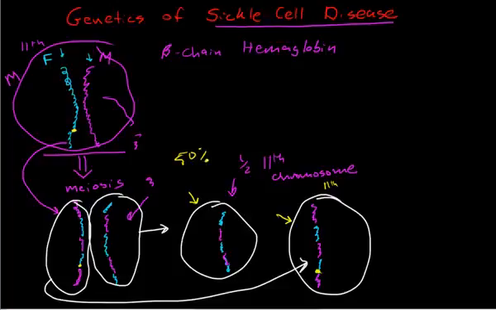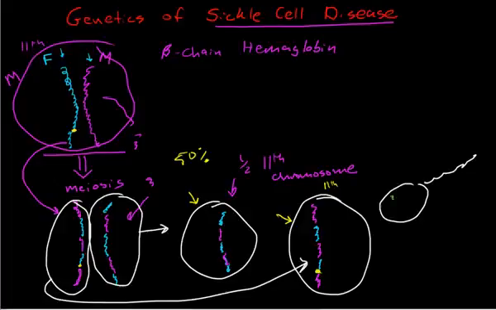Now, this is a recessive disorder, and we're going to talk about what that means in a few minutes, but what that means is that only one copy of DNA with the sickle cell trait is not enough to cause the disease. It needs both copies. So we need to actually have the father present a sperm that also contains a copy.